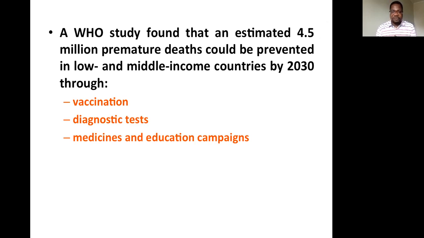There are efforts to prevent at least 4.5 million deaths by 2030 through vaccination, appropriate diagnostic tests, treatment based on medicine, and education campaigns to prevent the infection. A lot of effort is put in place to prevent this infection from killing so many people.